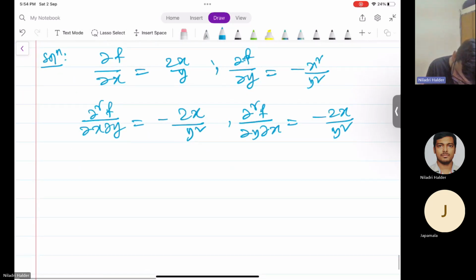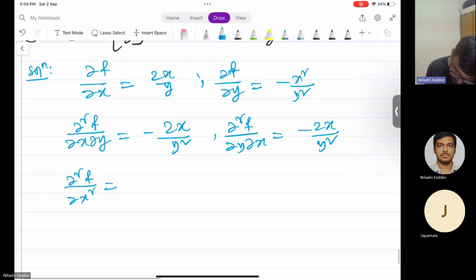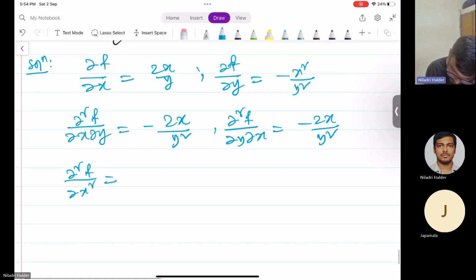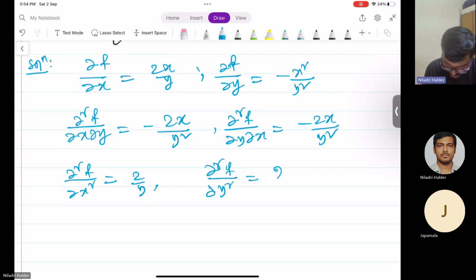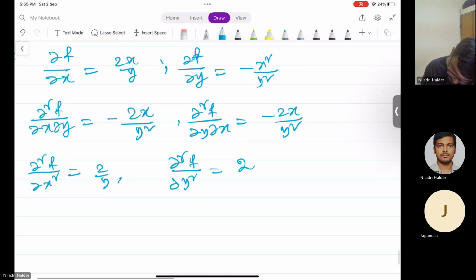Then del 2f del x2 equals 2 by y, and del 2f del y2 equals 2 x square by y cube.